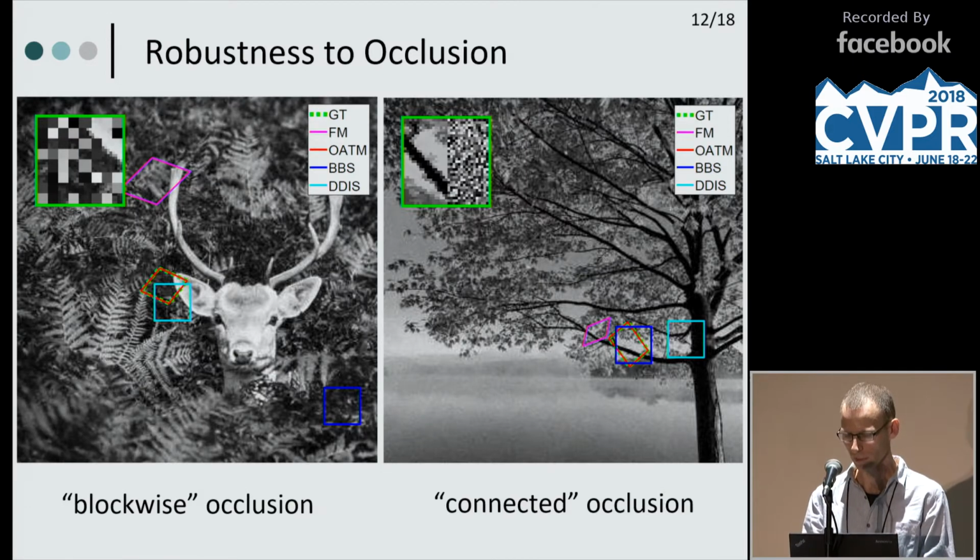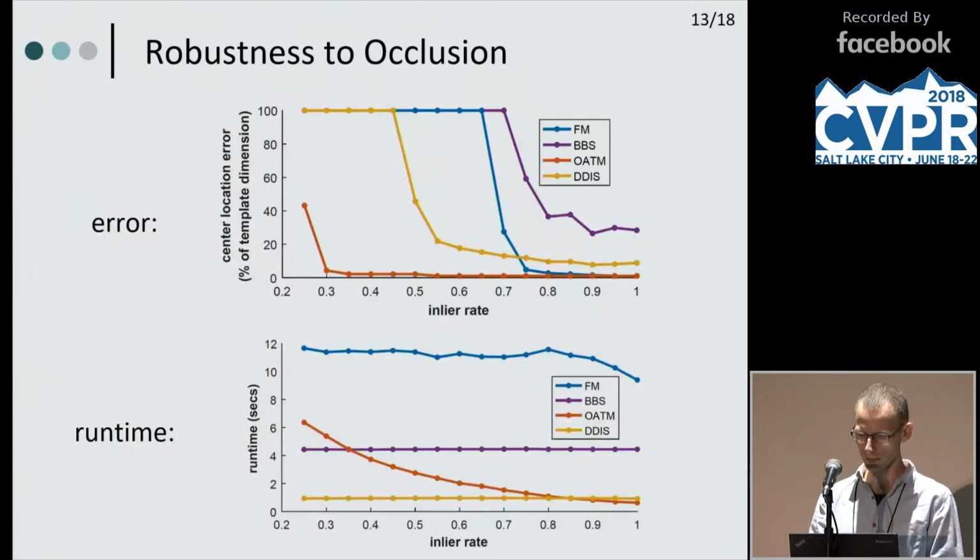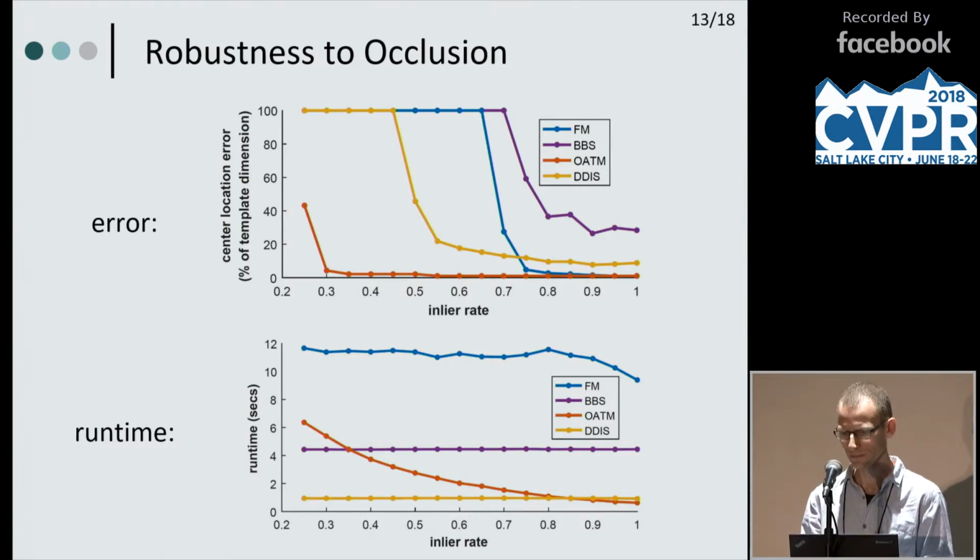The other methods we compared to, FastMatch, BBS, DDIS, are not as consistent in handling these occlusions. Here are plots that summarize this experiment. On the top, the errors, on the bottom, the runtime. Both are given as a function of the inlier rate. At the top, you can see our result in orange.